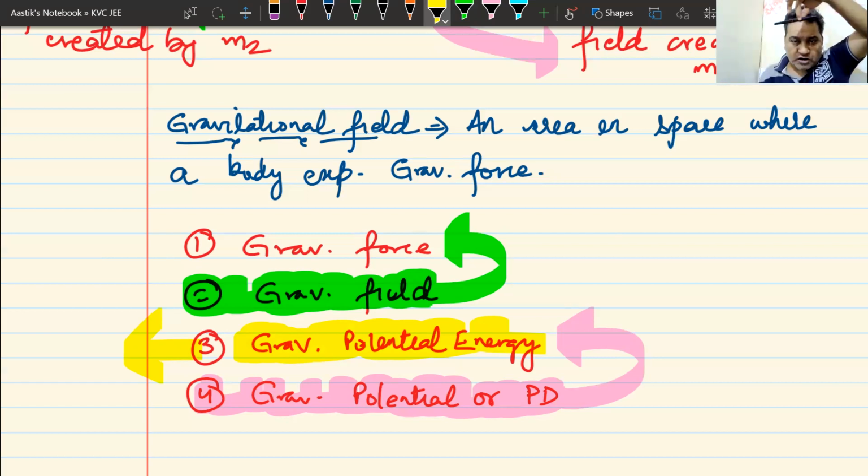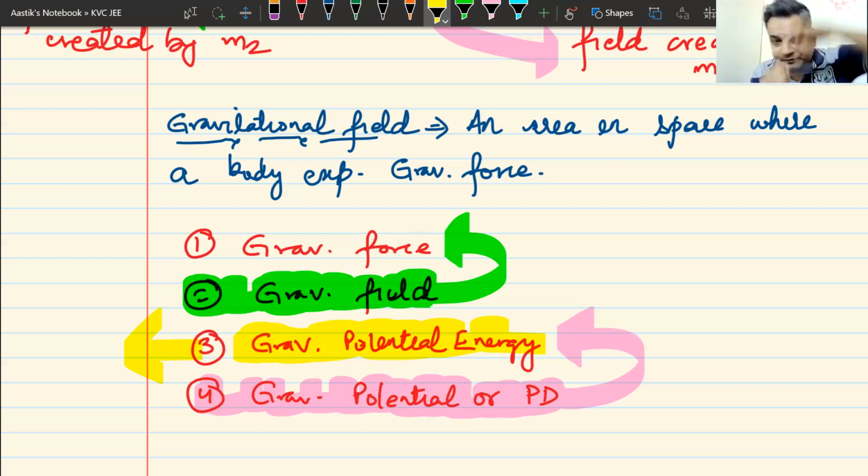But when this block is not here, it is just a point inside a gravitational field. This point has potential. When I put a block here, it becomes potential energy. But if there is nothing here, just a point, it is potential.